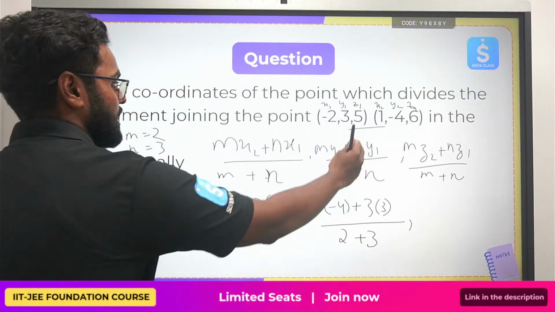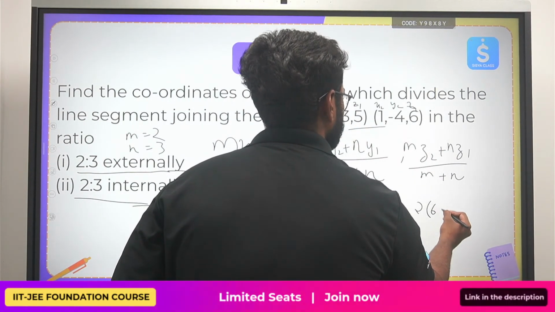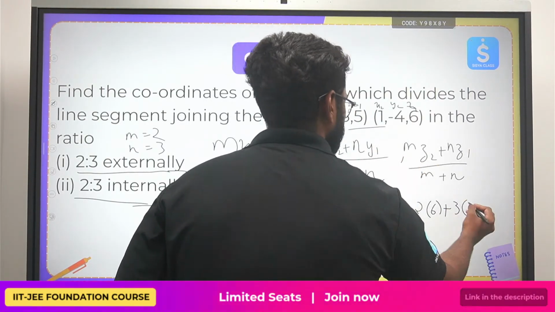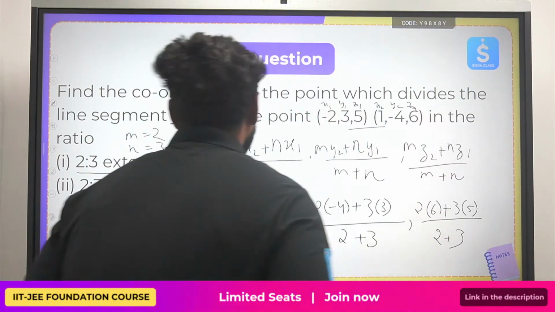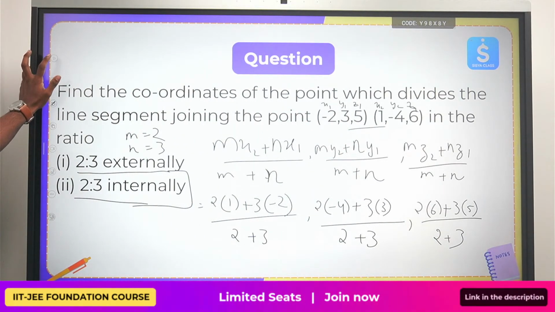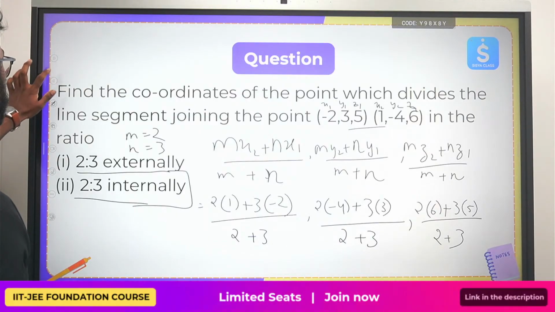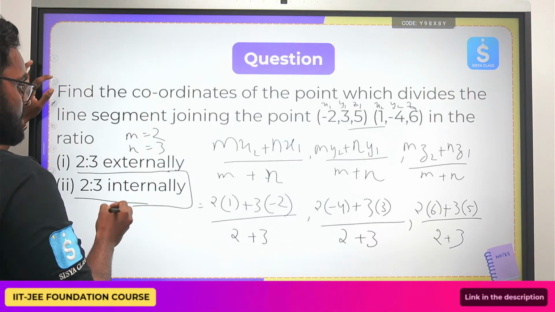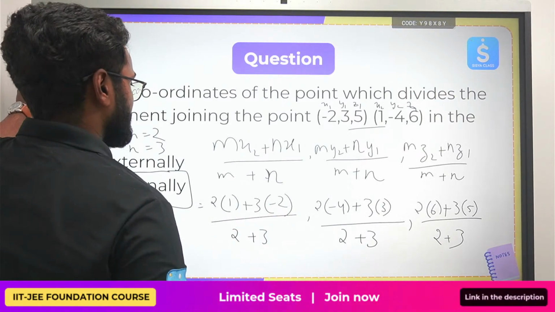Now finally mz2, what is m? 2 into 6 plus n is 3 into z1 is 5 by m plus n. Let us solve this.